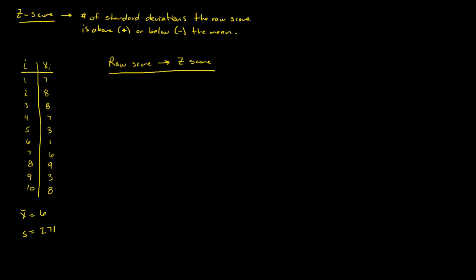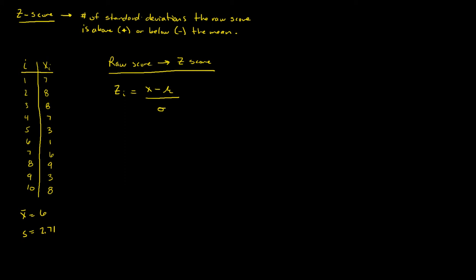To get any ith z-score, z sub i will be the raw score x, and I'm going to write this in population parameters first and then explain why we will modify this. Take the raw score minus the population mean, that's what mu equals here, and then divide by the population parameter sigma, which is standard deviation.